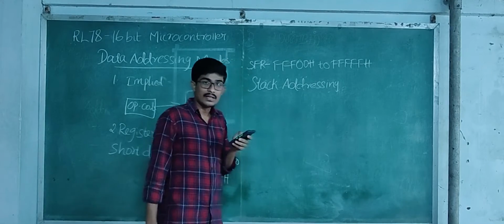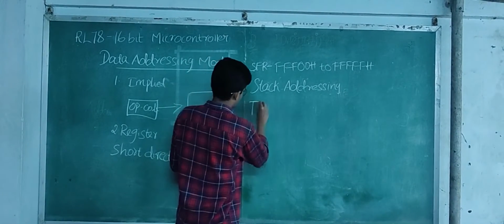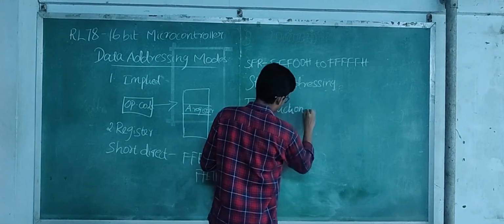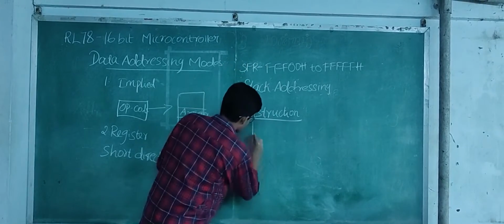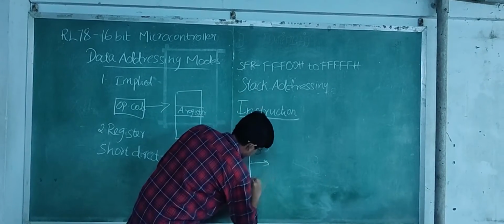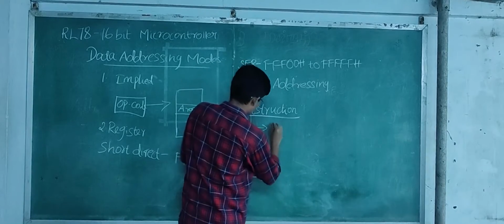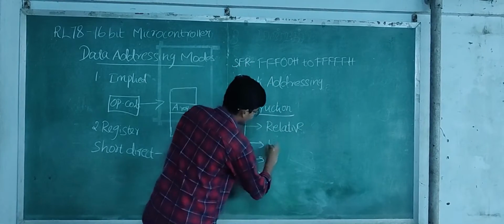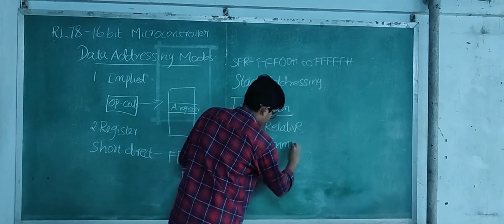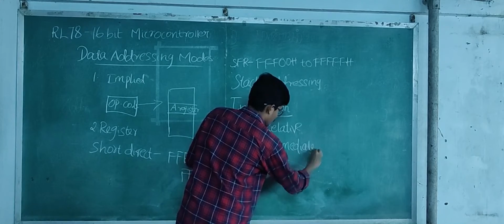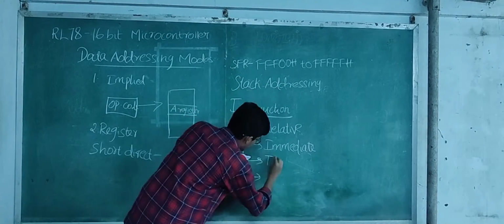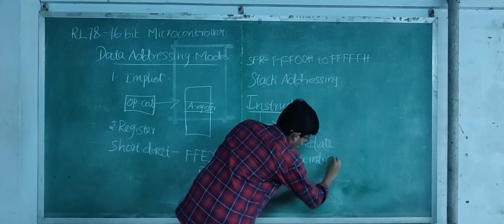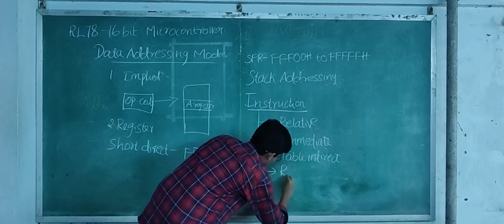Next one is the instruction addressing mode. It contains 4 types. One is relative, the other one is immediate, the third one is table indirect, and the fourth one is register direct.